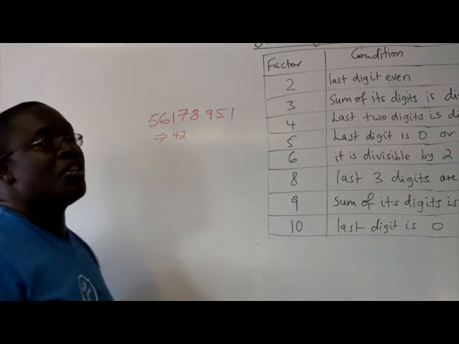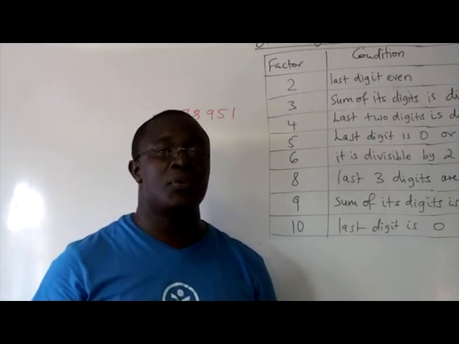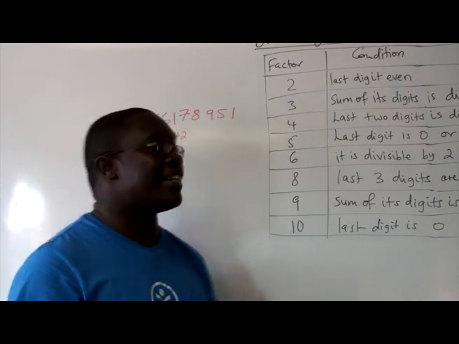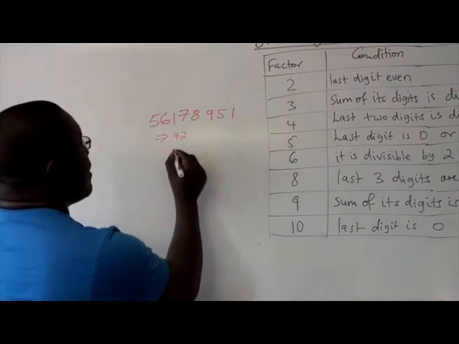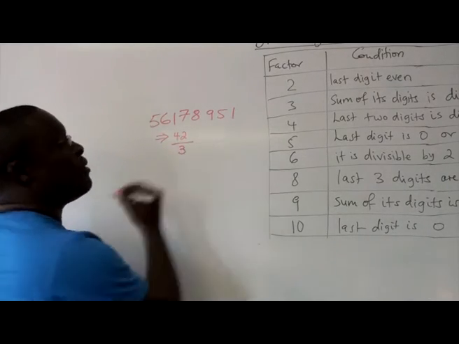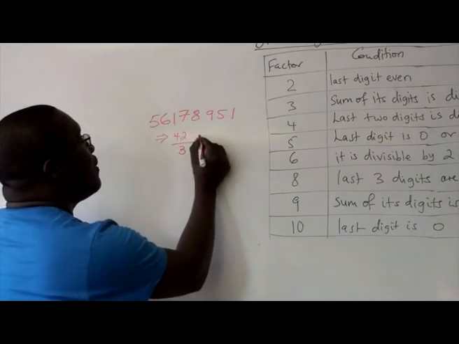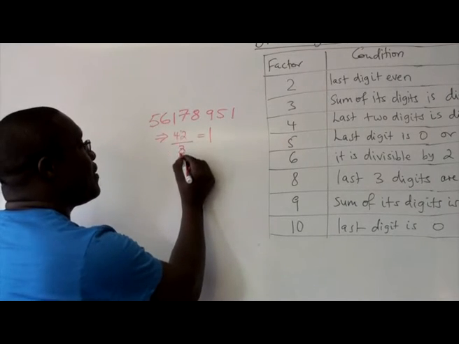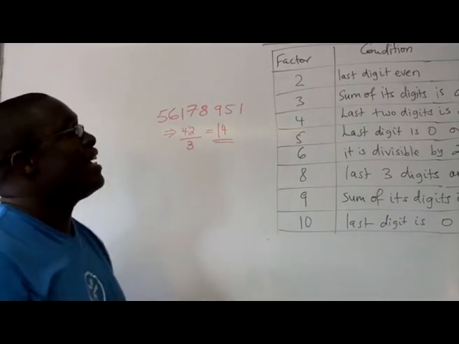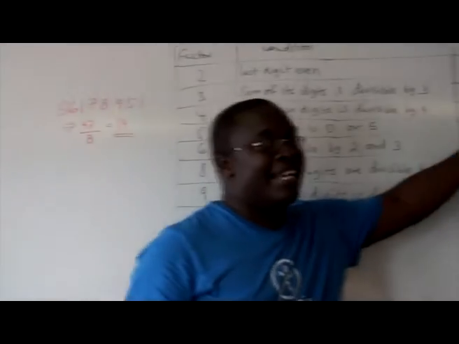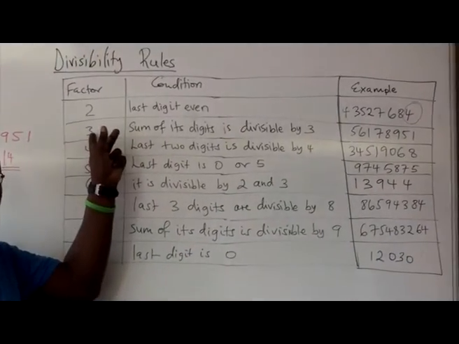Now you ask yourself, is 42 a multiple of 3? Is 42 divisible by 3? 3 into 4 is 1, remainder 1. 3 into 12 is 4. So that means that this big number is divisible by 3. Why?